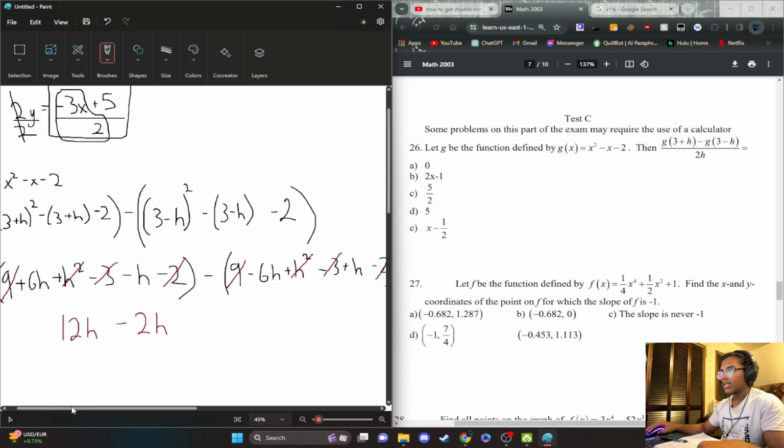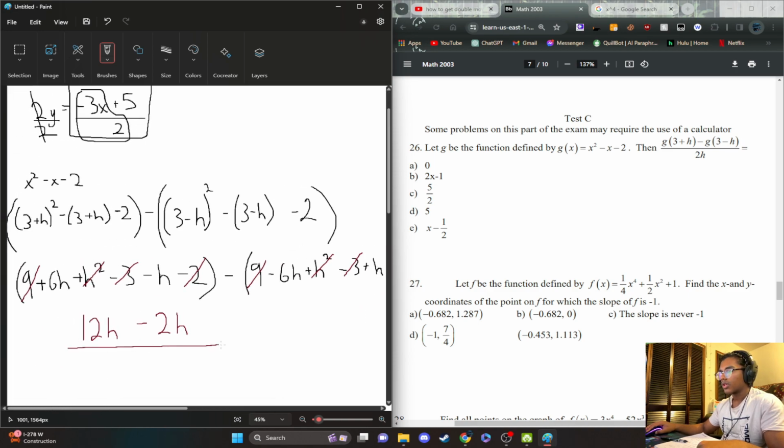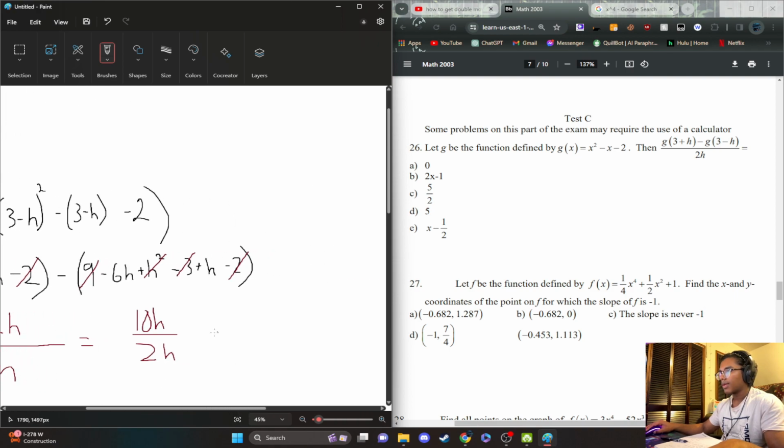So you have 12h minus 2 over, and now we add the 2h right here. You cannot forget about that 2h. So this simplifies to 12h minus 2h is 10h over 2h, which is 10 divided by 2, which is 5. Therefore, your answer is D, 5.